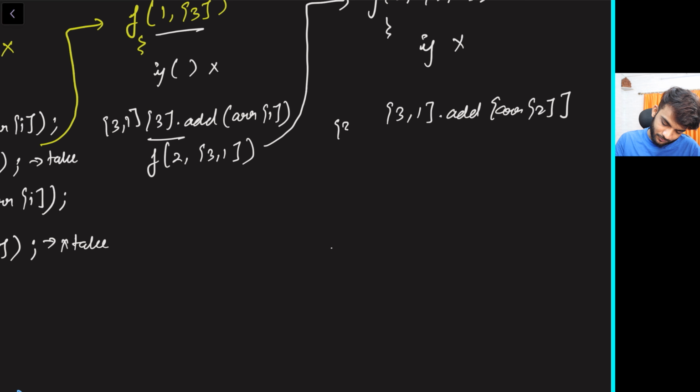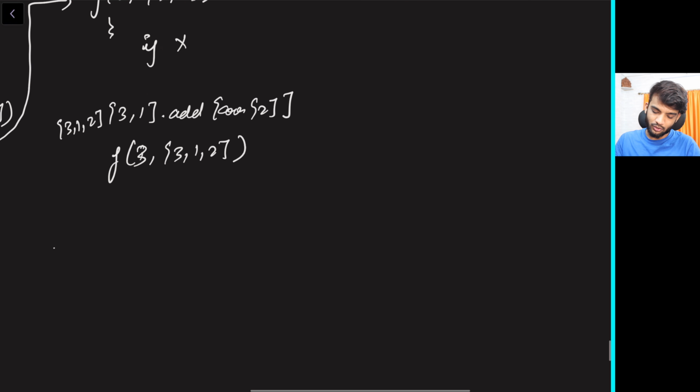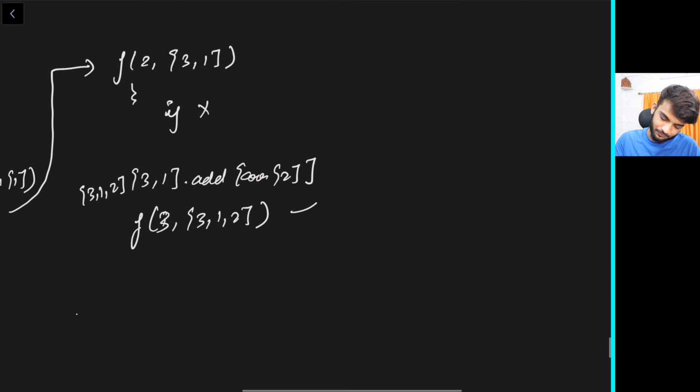So your array becomes 3 1 2. Perfect. So you have done for this. Let's call the next one: index plus 1 is 3 with the array 3 1 2. Perfect. Now this will call another recursion with f of 3 and array 3 1 2.